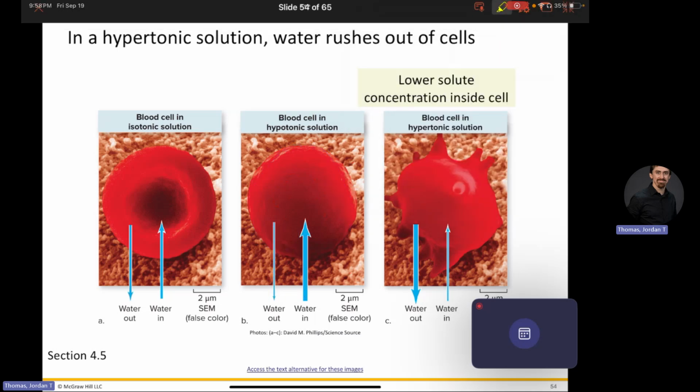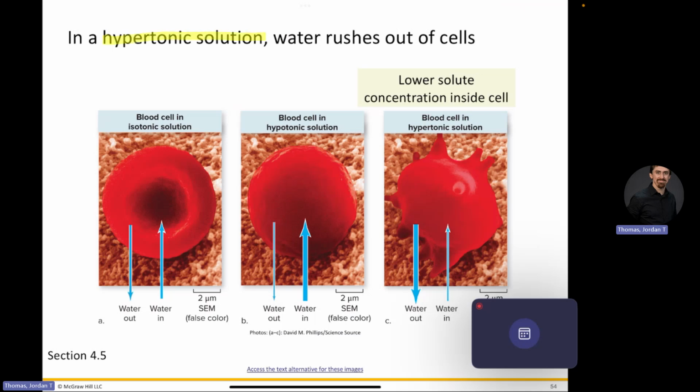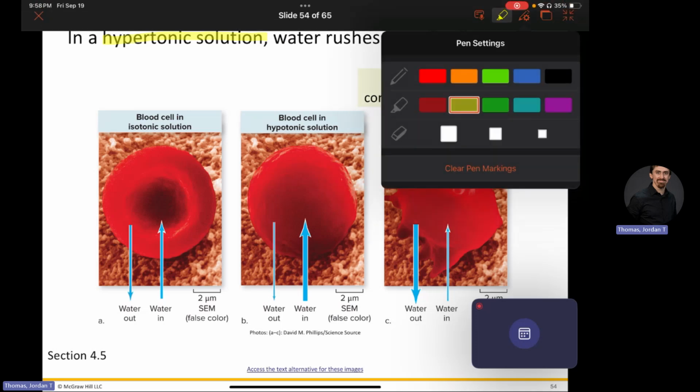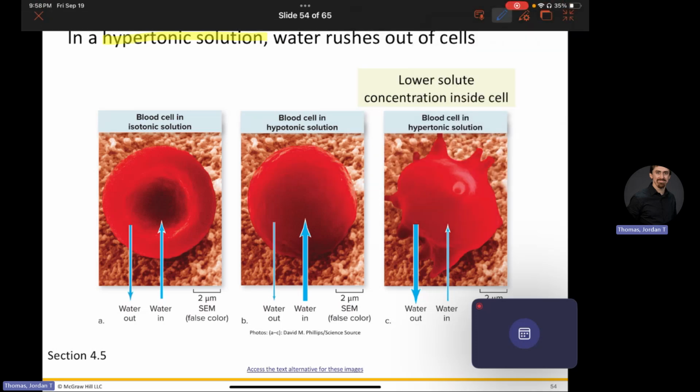Now let's look at the flip of that. In a hypertonic solution, water rushes out of the cell. Here we have very little solute in the cell and a lot on the outside. As there's a lot of solute on the outside, water wants to go out of the cell.